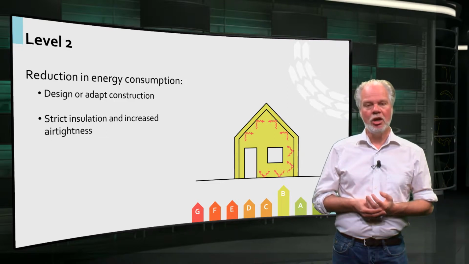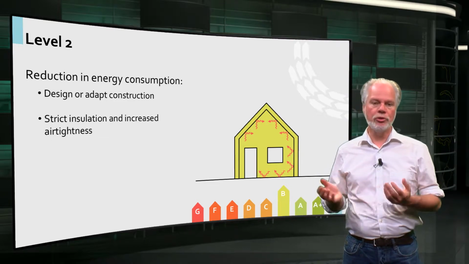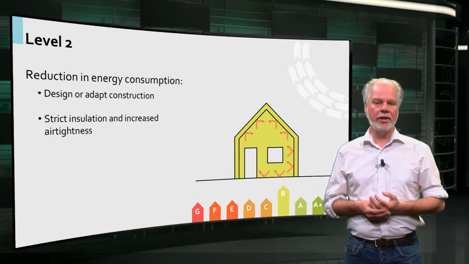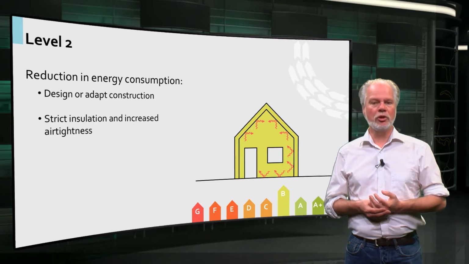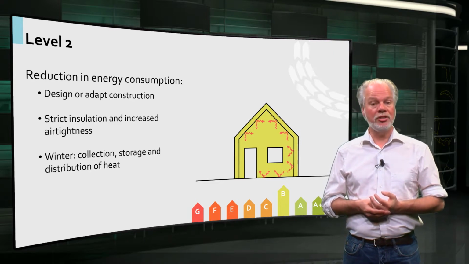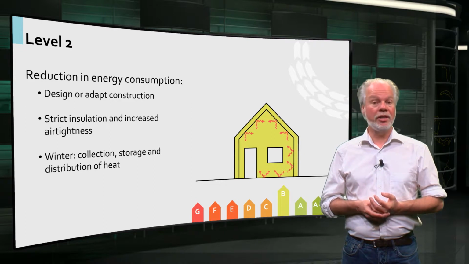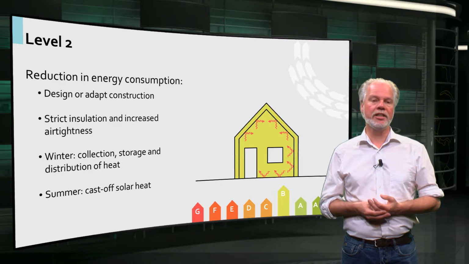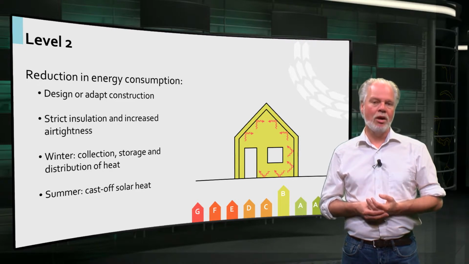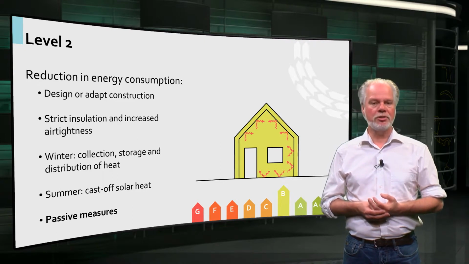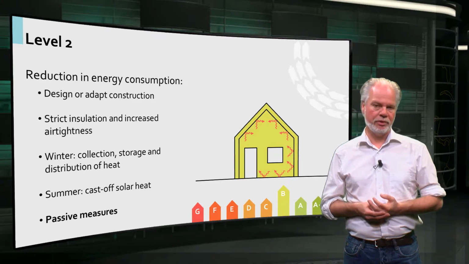And in addition, windows, walls, roofs and floors can be designed or adapted to collect, store and distribute solar energy in the form of heat in winter and to cast off solar heat in summer. We call these measures passive measures.